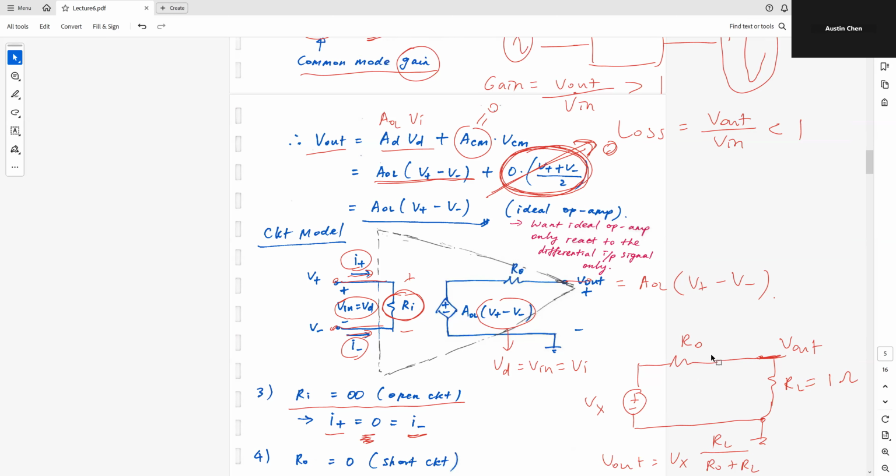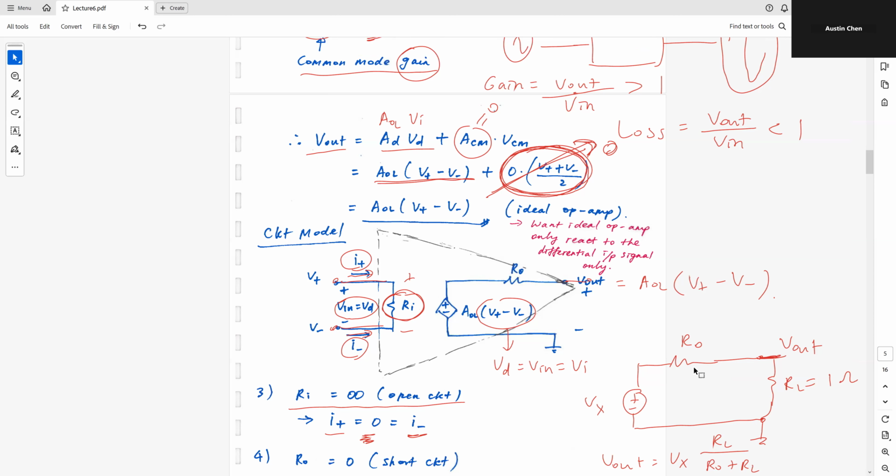So now you can imagine if I want this V out to be exactly the same as this Vx, for a given RL, which is 1 ohm, I really need this RO to be as small as possible.